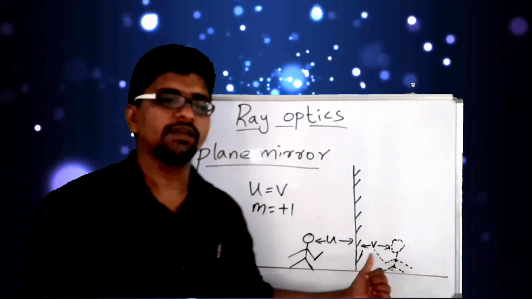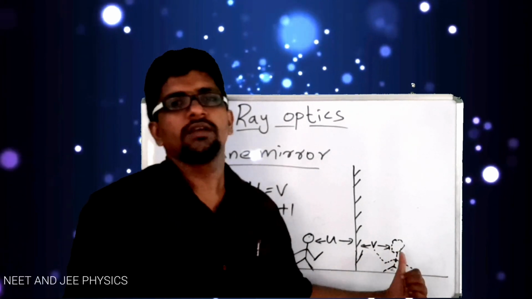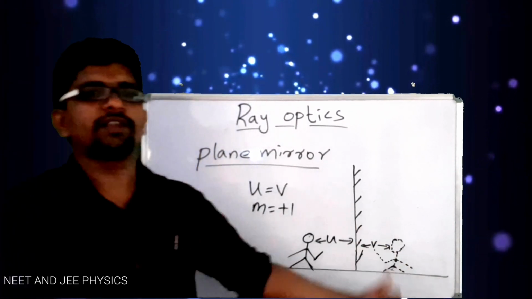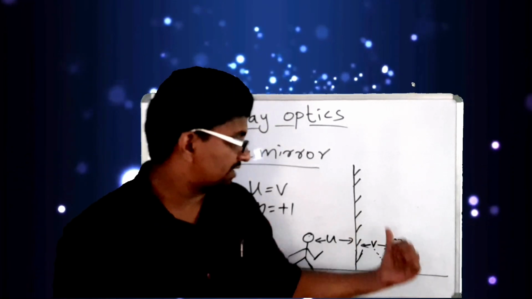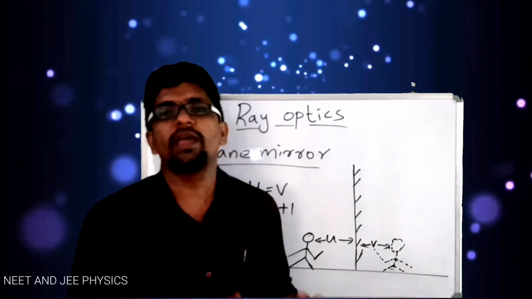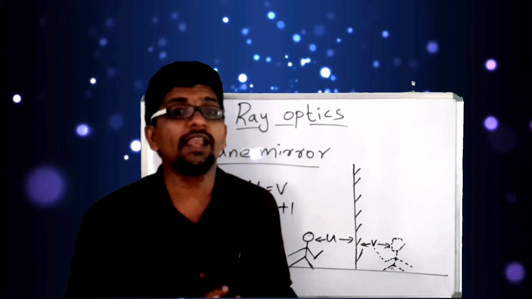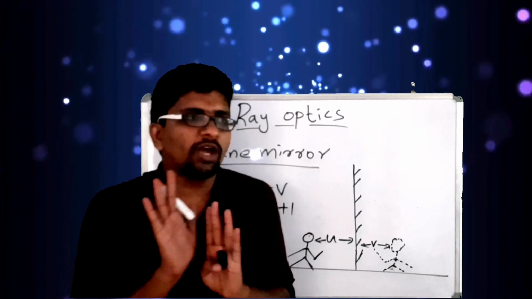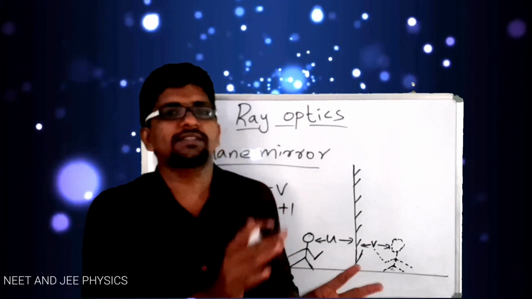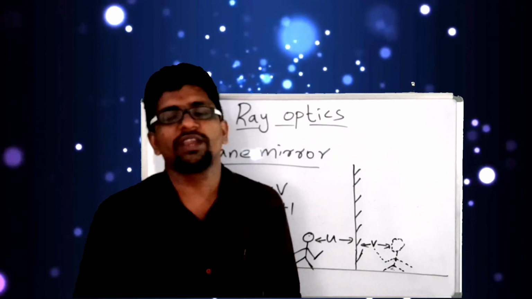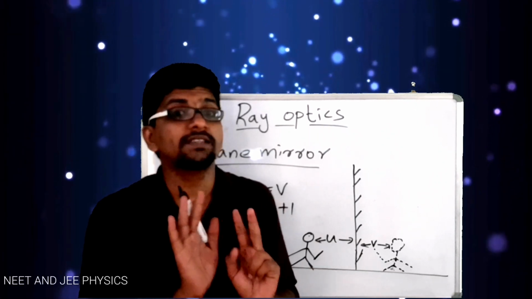This is the image, this one is the object. This one is a virtual image. A virtual image is always formed behind the mirror only, but a real image you can focus on a screen. That's a speciality of a real image.